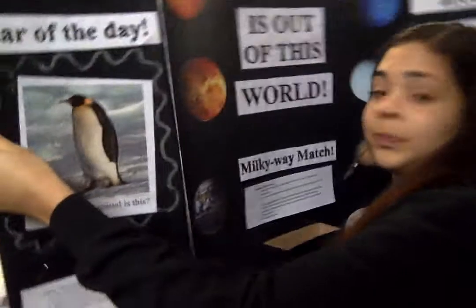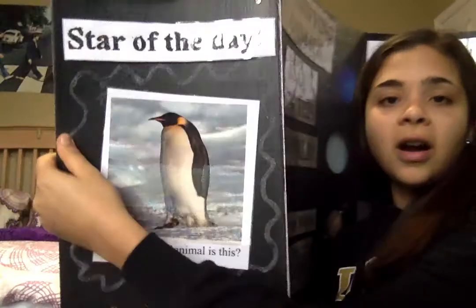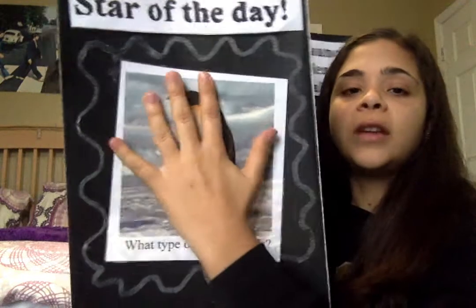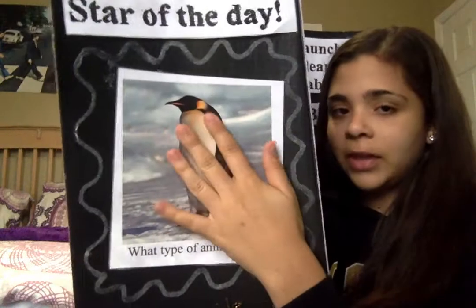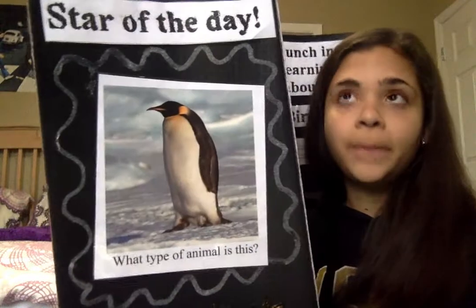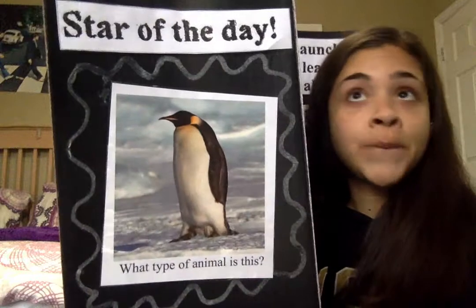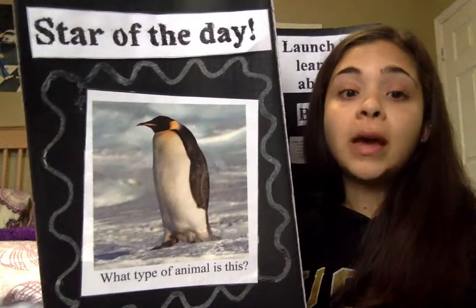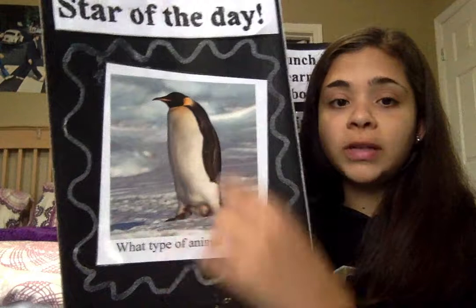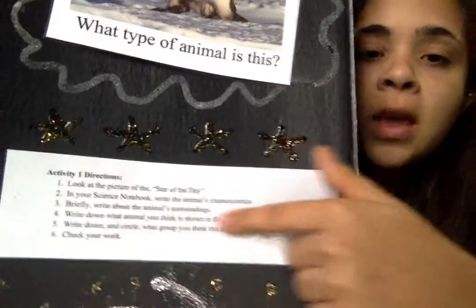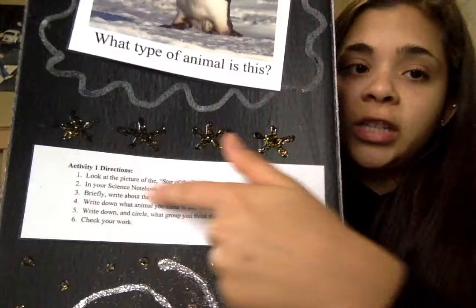So the next one that I have is called Star of the Day, and I wanted to make a fun pun with this. Each day there's going to be a picture right here of a different type of animal, of a different group. So this one I just chose a penguin, which is part of the bird group. And the students are going to look at this picture, and the directions are down here, just in case the students need to read the directions.